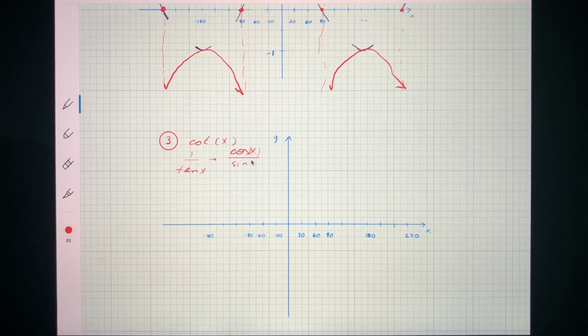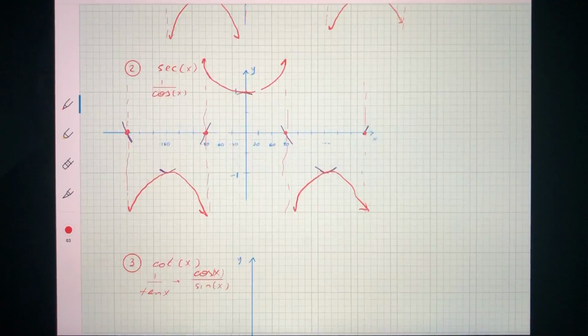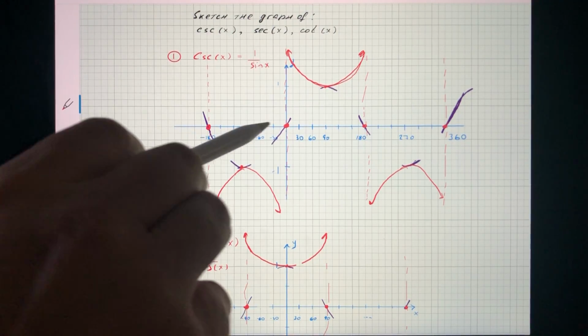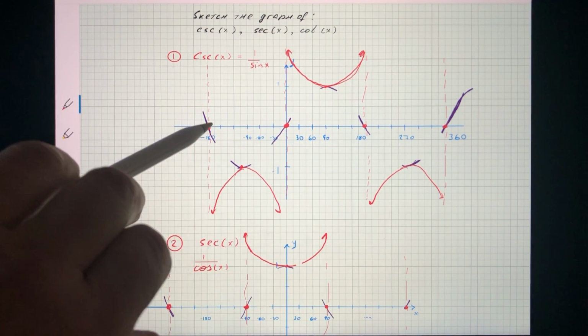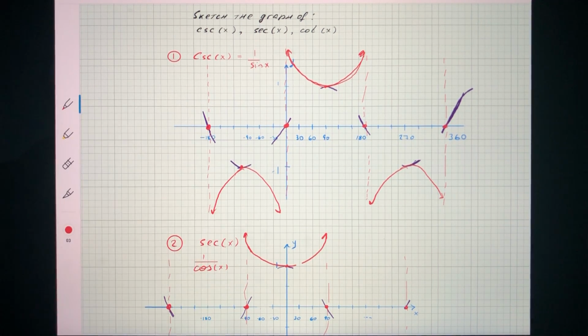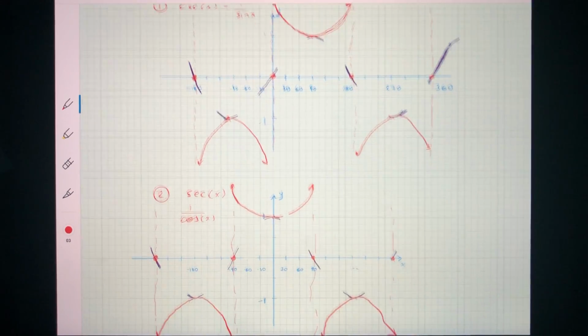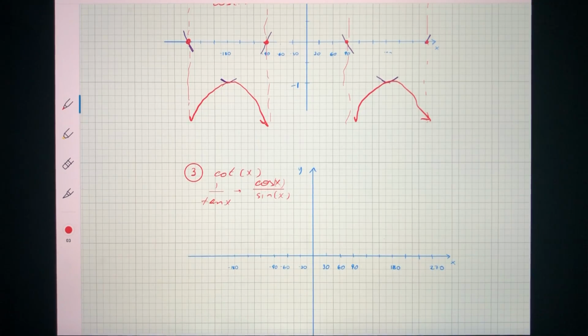So whenever the sine turns to 0, and the sine was 0 here, here, here, and here, these would become our vertical asymptotes. So at negative 180 is a vertical asymptote, at 0 is a vertical asymptote, at 180 is a vertical asymptote.